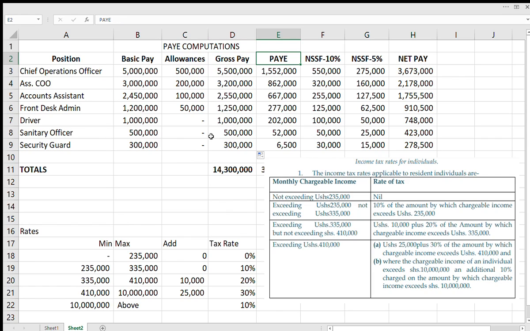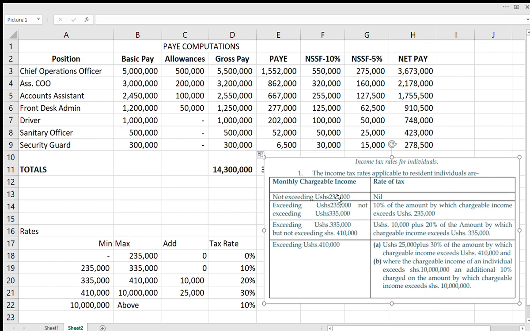Now, to see whether we can actually get pay as you earn: pay as you earn is computed based on the schedule provided by URA, the tax collecting body in Uganda. I've copied the schedule for individuals, because we are dealing with individuals who are residents, citizens of Uganda, the ones who are supposed to pay as you earn.